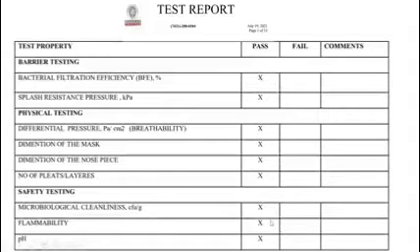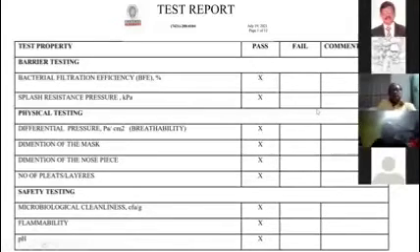I don't want to mention names, but the polypropylene type masks that are used have less than 10 seconds, which is the minimum. However, this cotton is not that flammable, so it takes about 20, 30 or even 1 minute to burn. That means we are giving enough time. So flammability is best passed with this cotton mask, and pH and all these parameters pass.